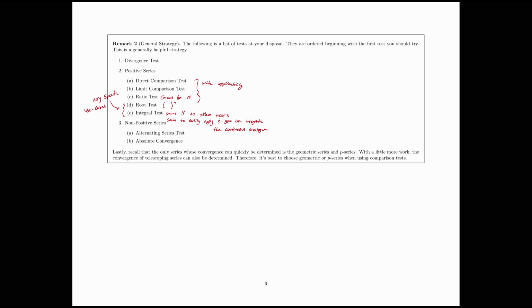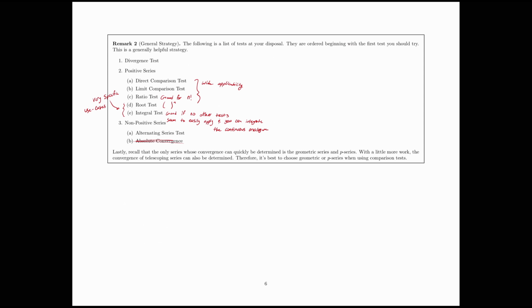For non-positive series, there's the alternating series test. Absolute convergence isn't a test, so I don't know why years ago I wrote that in my notes. But yeah, I would just think of the alternating series test. That's really it. But keep in mind that the ratio and the root tests have absolute value built into them.